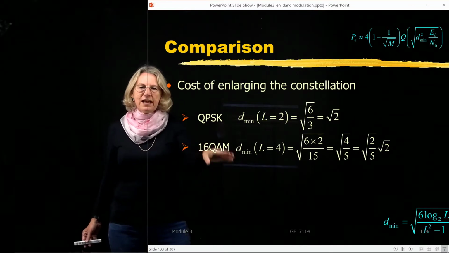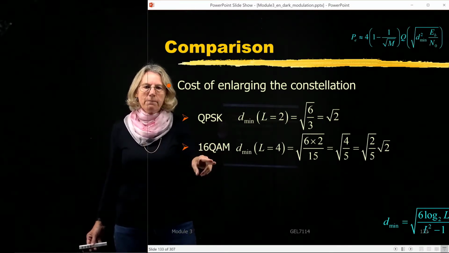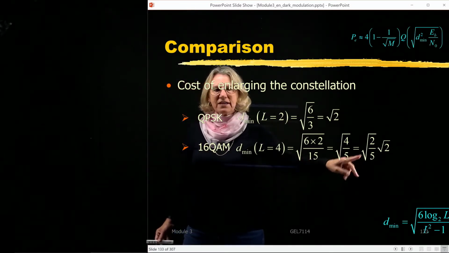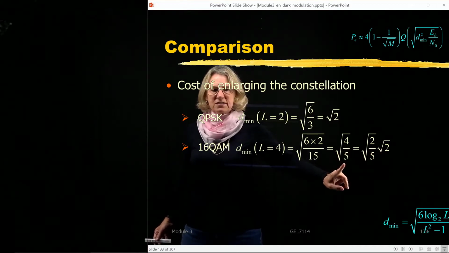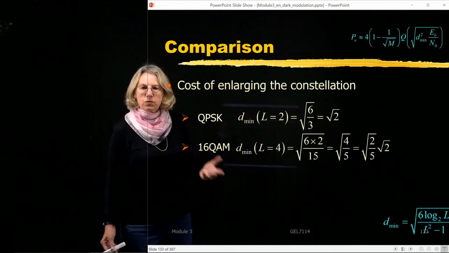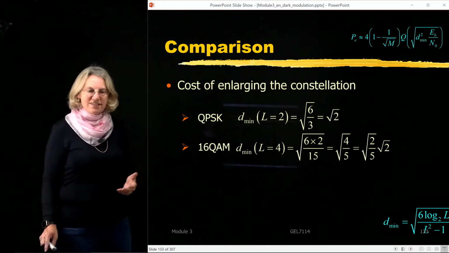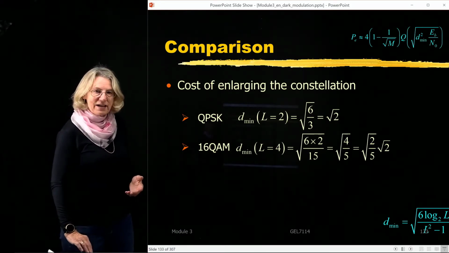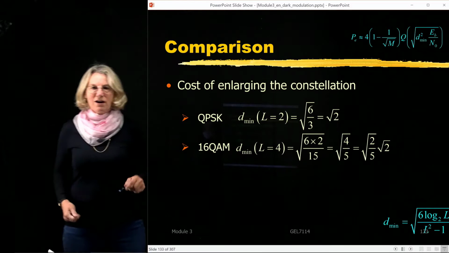And what I'm going to do with the dmin for 16 QAM is to make it something times the square root of 2. So it's the square root of 4 over 5. But the square root of 4 over 5 I'm going to write as the square root of 2 times the square root of 2 over 5.